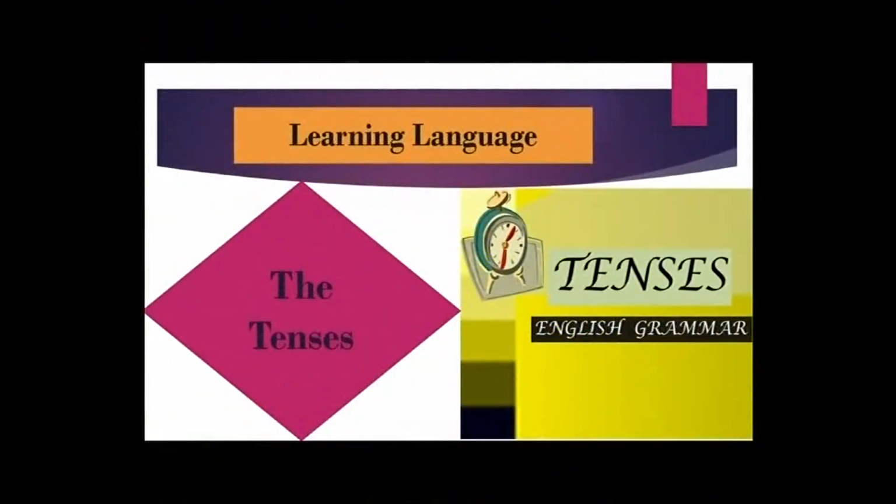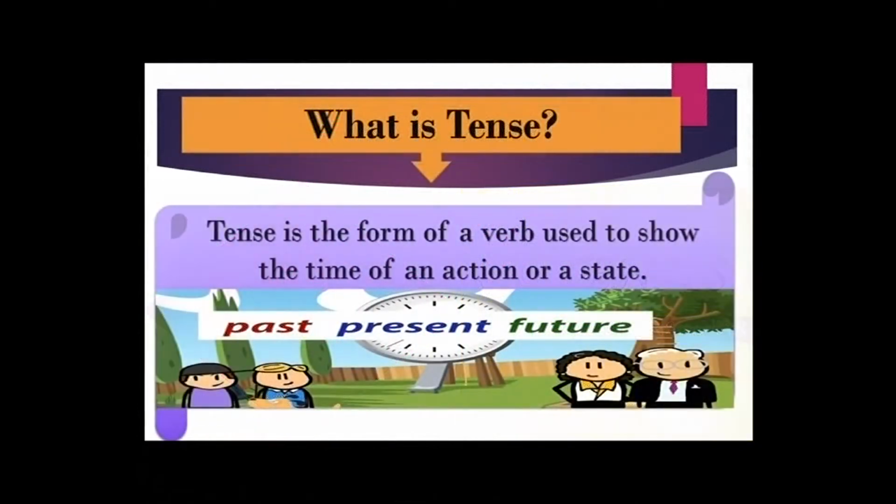Chapter 9, part number 4, grammar topic, the tenses. What is tense? Tense is the form of a verb used to show the time of an action or a state.